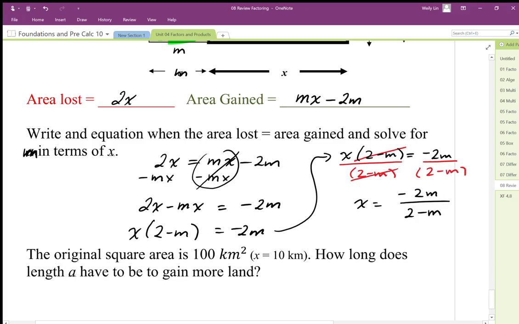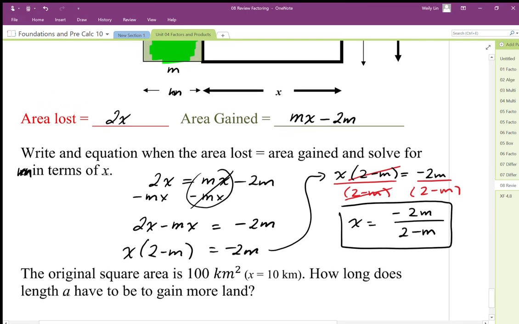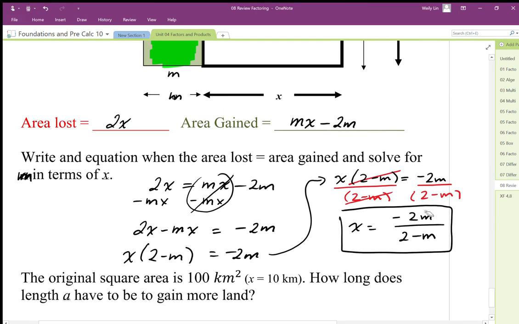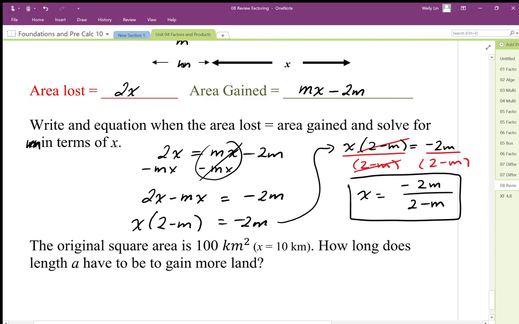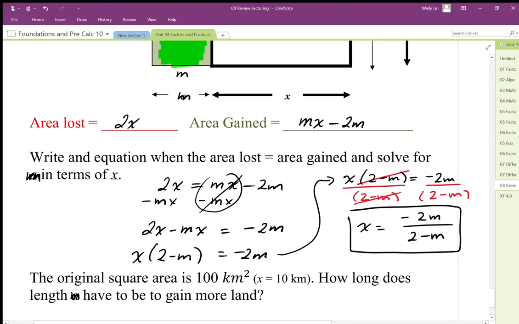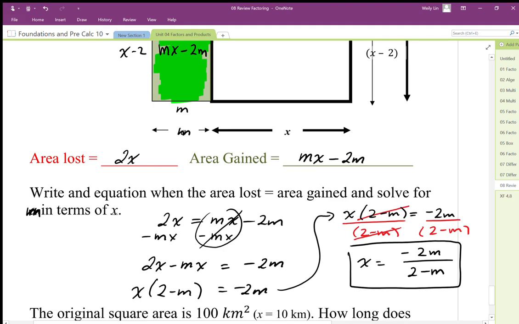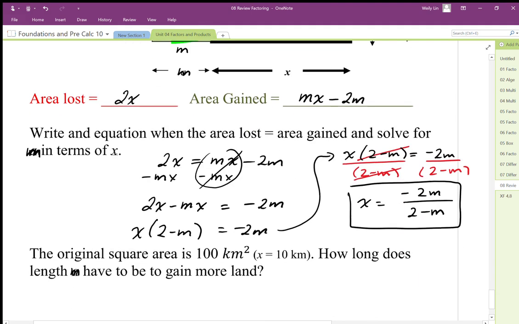So there's my answer. The x that I originally had is equal to negative 2m over 2 minus m. This problem is hard, not so much in the visual pieces, but the algebra pieces here.